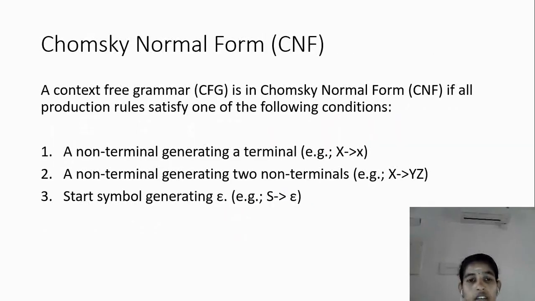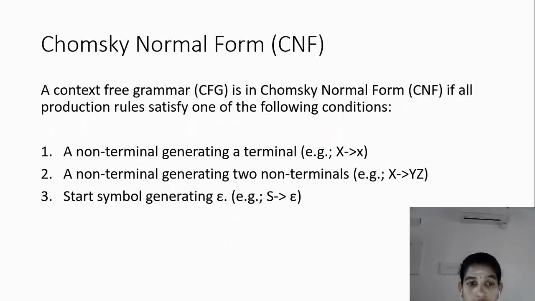Here I write the three rules that are followed in Chomsky normal form. All the rules must be followed when developing context-free production rules. The first rule is a single non-terminal X generating only one terminal, small x, or a. The second rule is a non-terminal generating two non-terminals, X tends to YZ, where both are non-terminals.